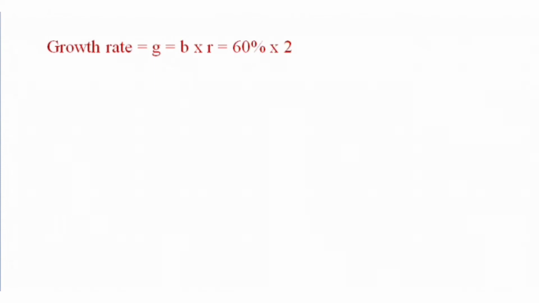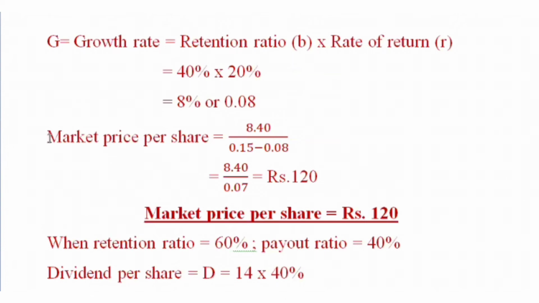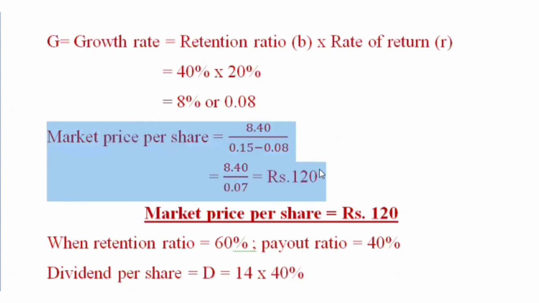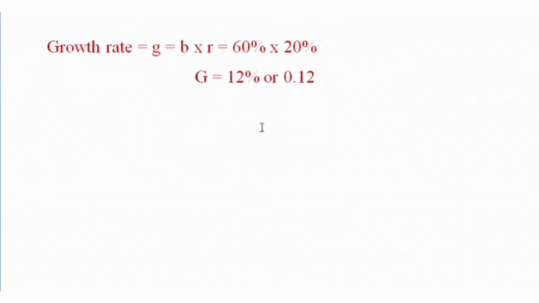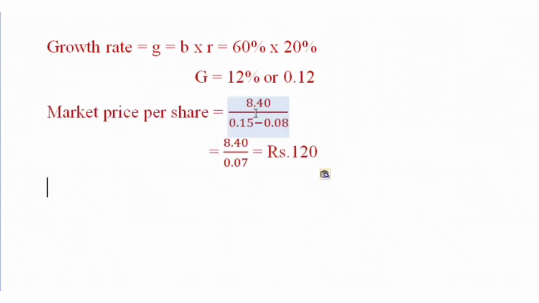So 60% into 20%, therefore the growth rate will be 12%, or 0.12. For easy calculation, I am converting that: 12 divided by 100 gives 0.12, as I am converting from percentage.